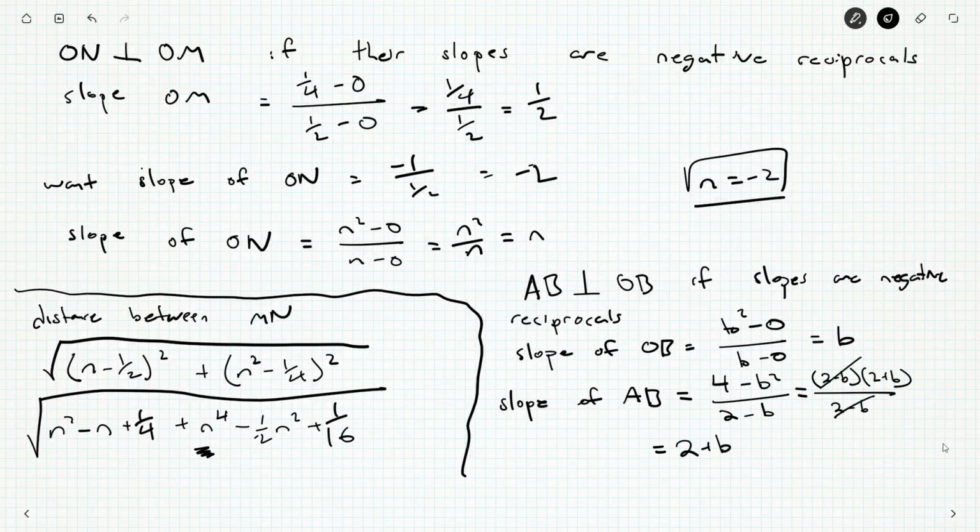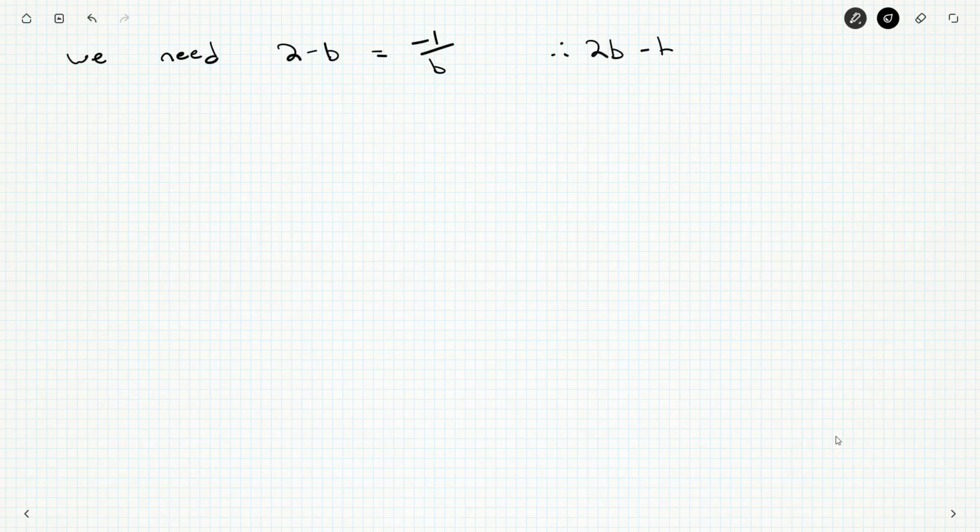Okay, so moving on to the next page, we need these guys to be negative reciprocals. We need 2 minus b to be negative 1 over b. All right. So let's multiply through by b. So 2b minus b squared is equal to negative 1, or rather b squared minus 2b minus 1 equals 0.